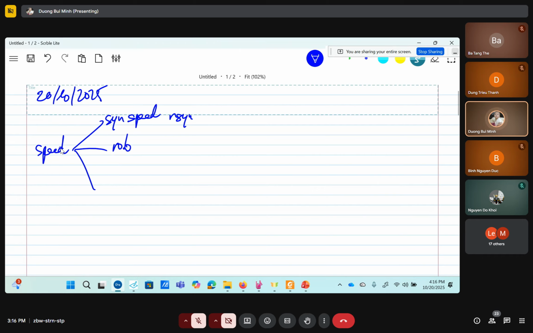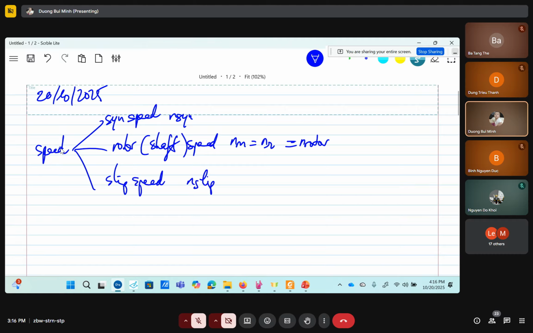We have rotor or shaft speed, which we write as n_m or n_r or n_rotor. And we have slip speed, n_slip, which is the difference between n_sync minus n_r. Sometimes we use n_m, sometimes n_r, sometimes n_rotor.